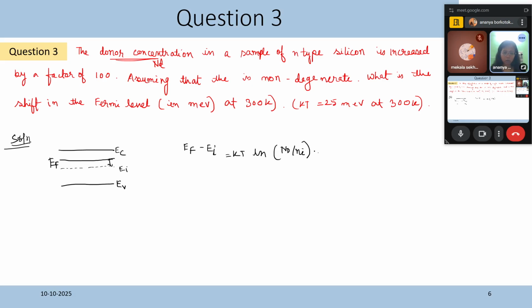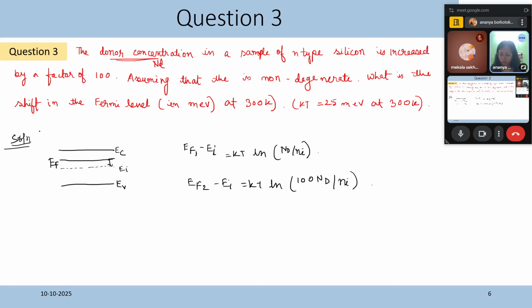I think by now you remember this equation. This is for the first semiconductor, and when we increase the doping, EF2 minus EI becomes kT ln of 100 ND by ni.